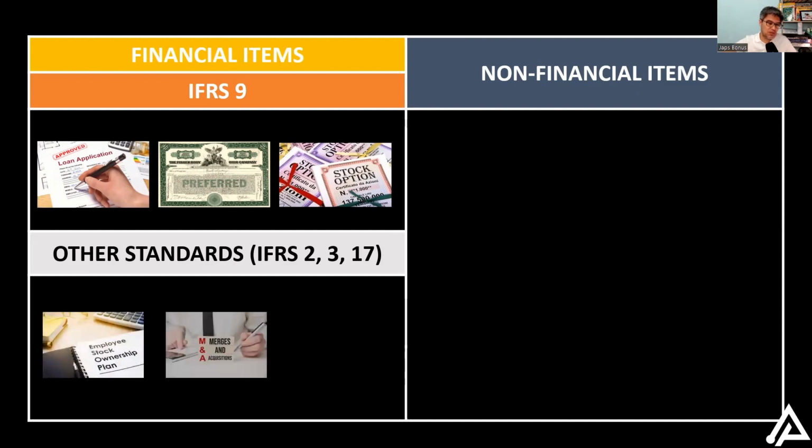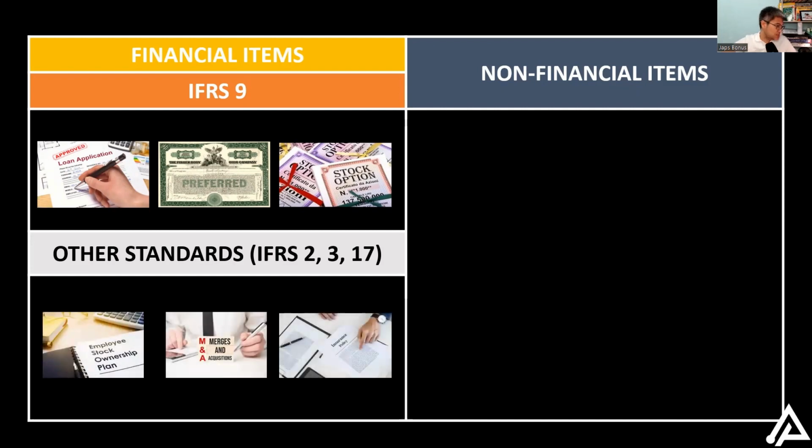Other accounting standards include IFRS 2 on equity-based compensation, IFRS 3, business combination, and even IFRS 17 on insurance policy. Although later I'll highlight under IFRS 17 ano yung totoong focus ng IFRS 17 versus IFRS 13. But mostly when you talk about fair value for these types of financial instruments can be seen under IFRS 13.